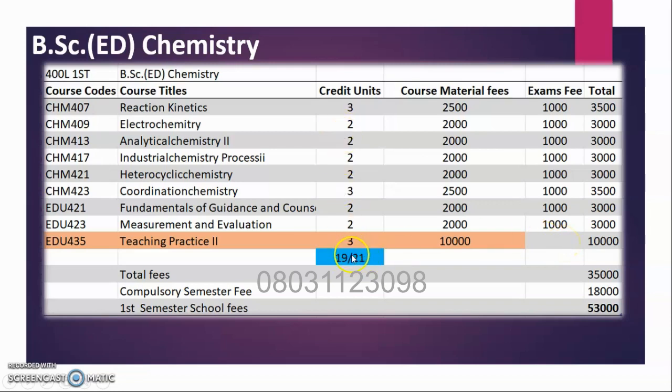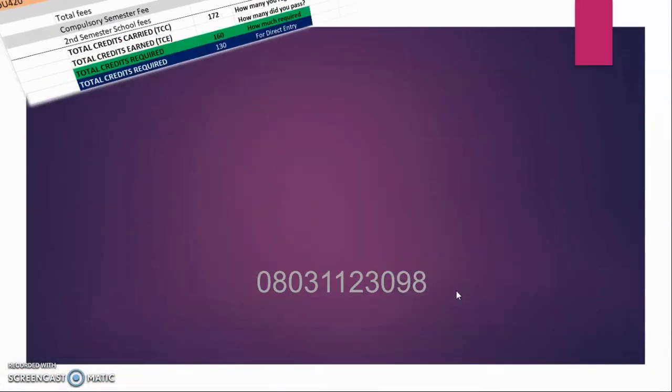Out of all 21 units you have here, 19 is required of you to pass. If you pass up to 19 credit units, whichever one you fail, you may not need to retake it. So you have a total fee of 53,000 here as your school fee for 400 level first semester.